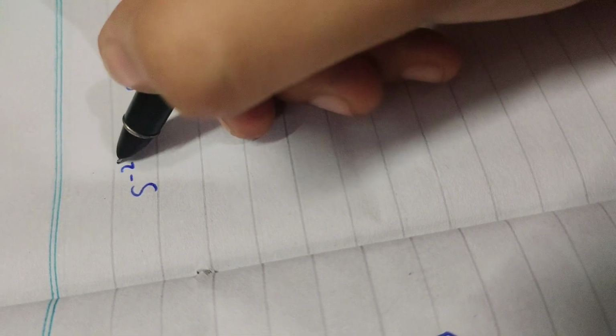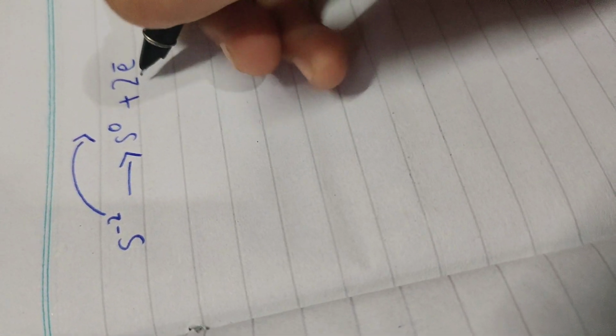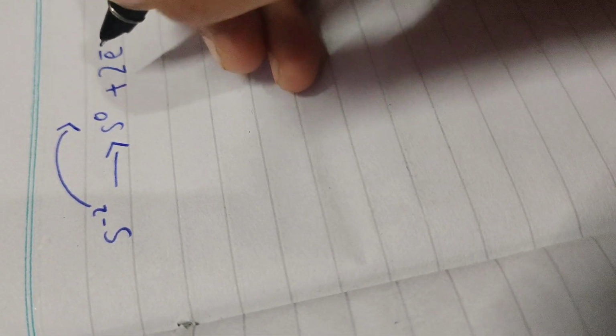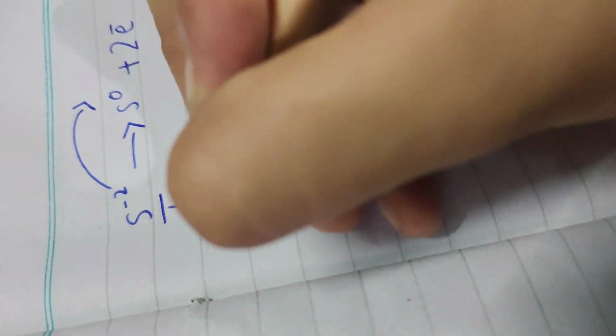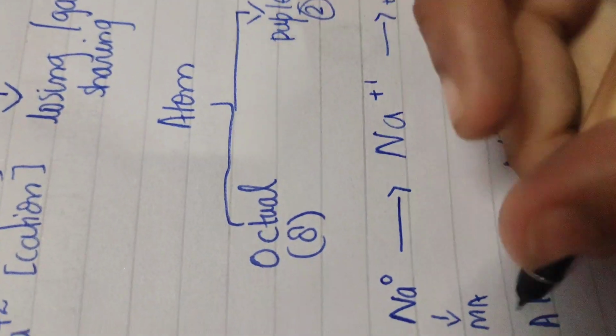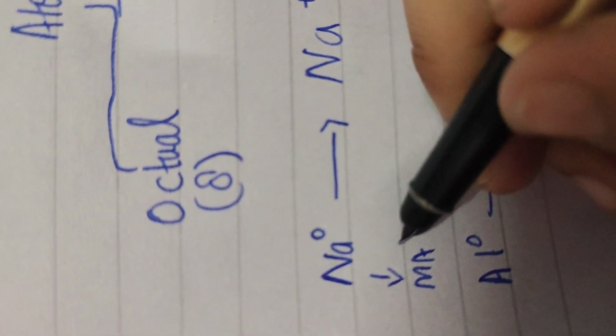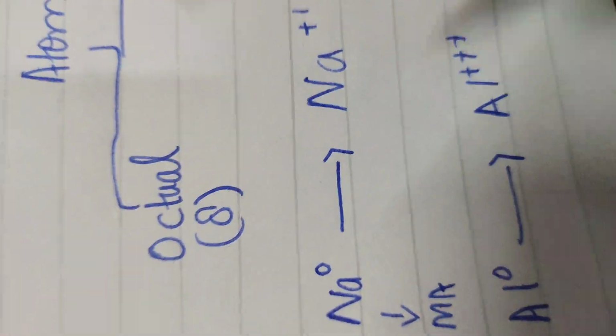It means that sulfur will gain 2 electrons, right? And this is an ion, and here we have talked about that this is what? Metal atom, right?